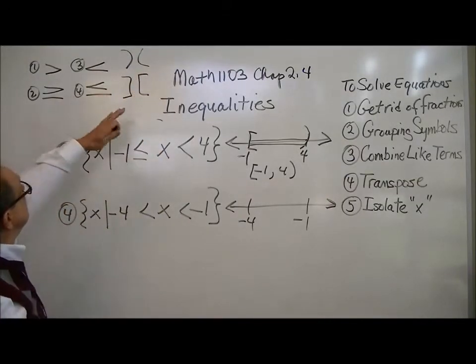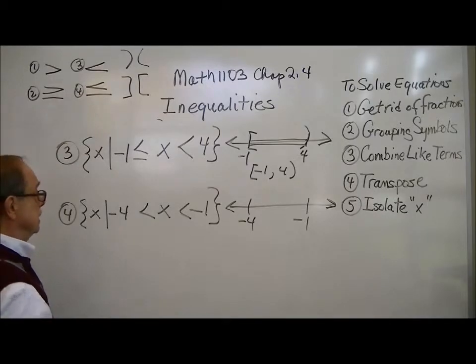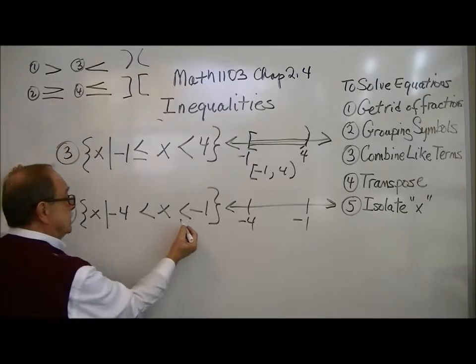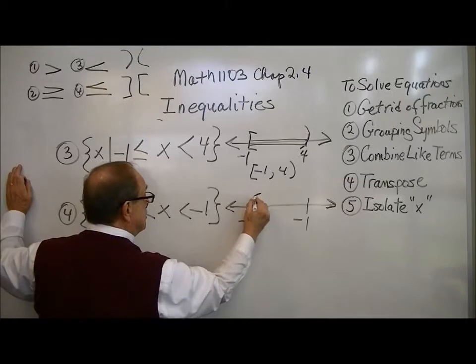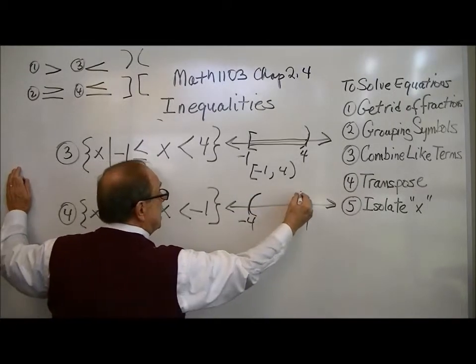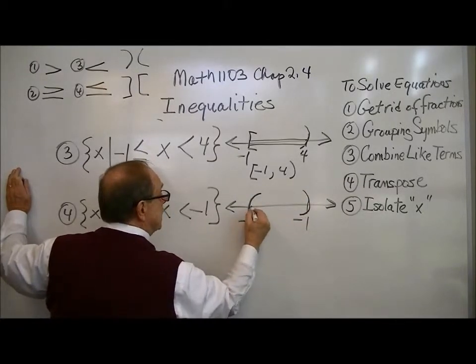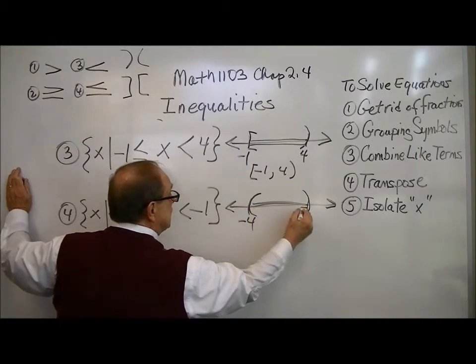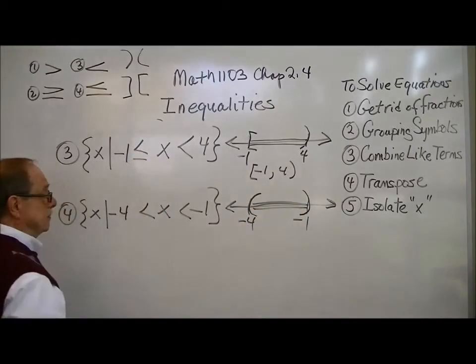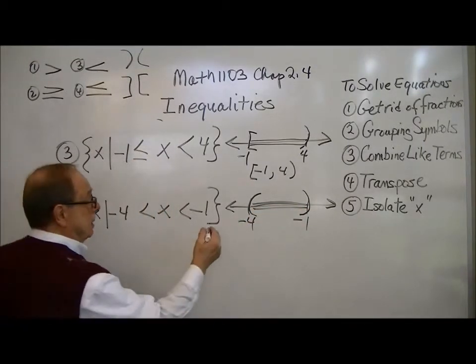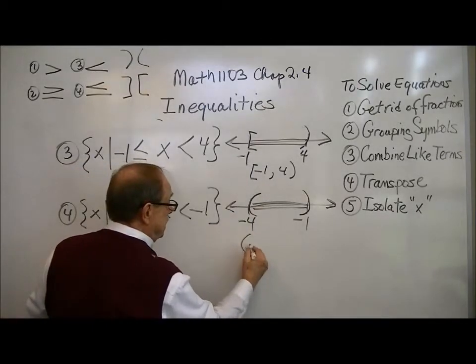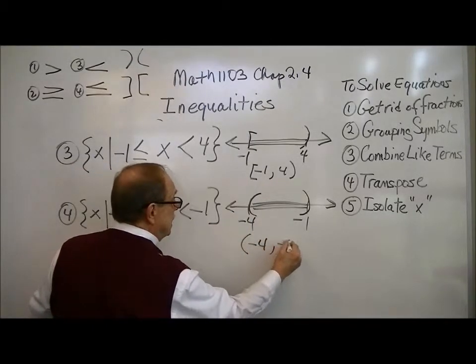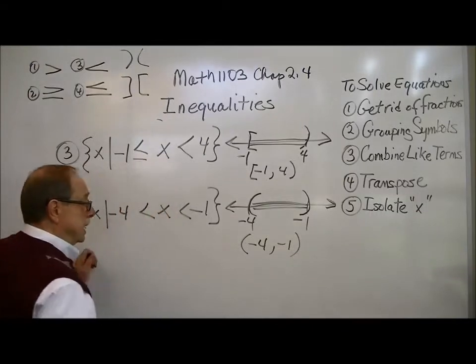And I guess I have them switched around, but you get the idea, hopefully. And so this one will be a parenthesis going this way, a parenthesis going this way, and then this filled in the center. So our interval notation will be -4, comma, -1, and that's what it'll look like.